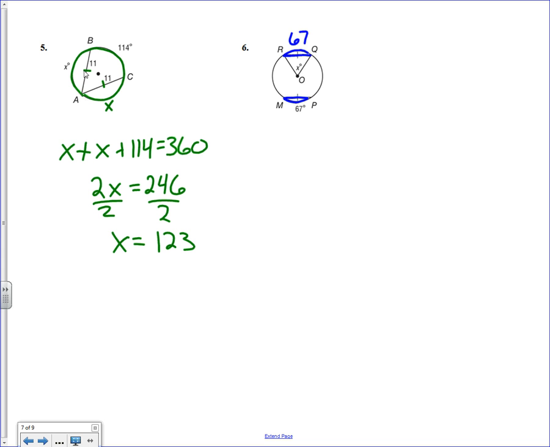And then what we get is that from yesterday, this angle here, which x is, comes from the center of the circle. So it is called a central angle. The central angle of a circle is equal to the arc that it holds. It holds the arc RQ, and RQ is 67, so x is 67.